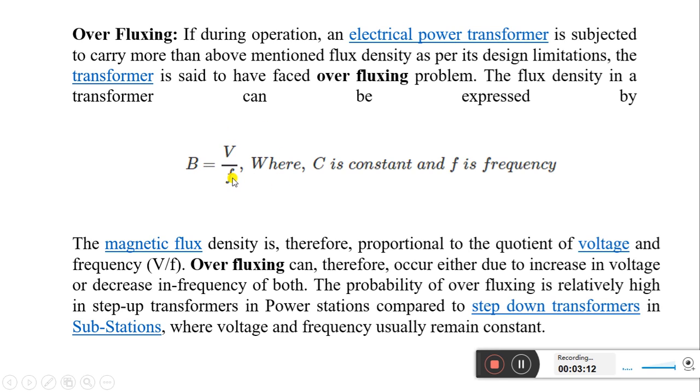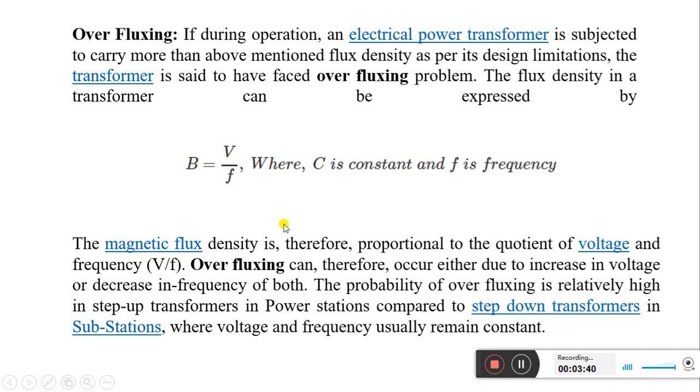This indicates that if the voltage increases above the rated value, there will be overfluxing, or if the frequency goes down below the rated frequency, then also there can be an overfluxing problem, because B is directly proportional to V and inversely proportional to the frequency.